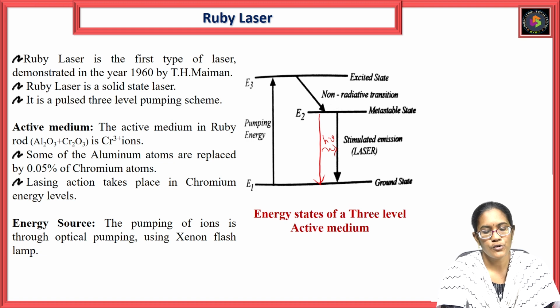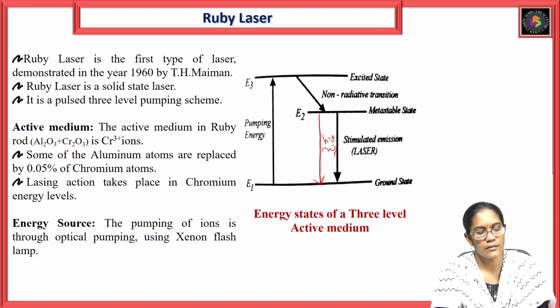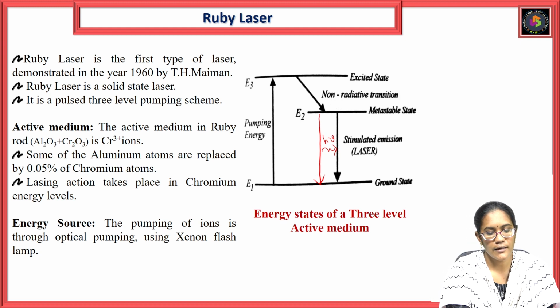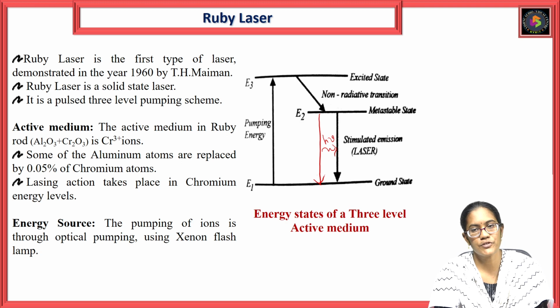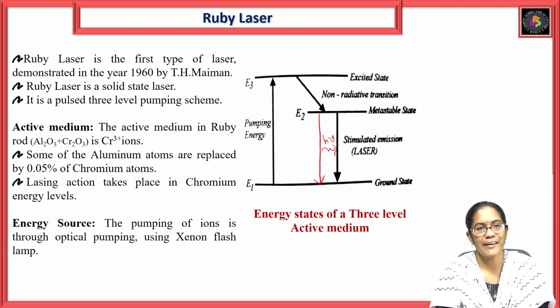Some of the aluminum atoms are replaced with chromium ions at a percentage of 0.05%. The lasing action takes place in the chromium energy levels, so the Cr3+ ions participate in lasing, for amplification of light. So this is about the active medium.